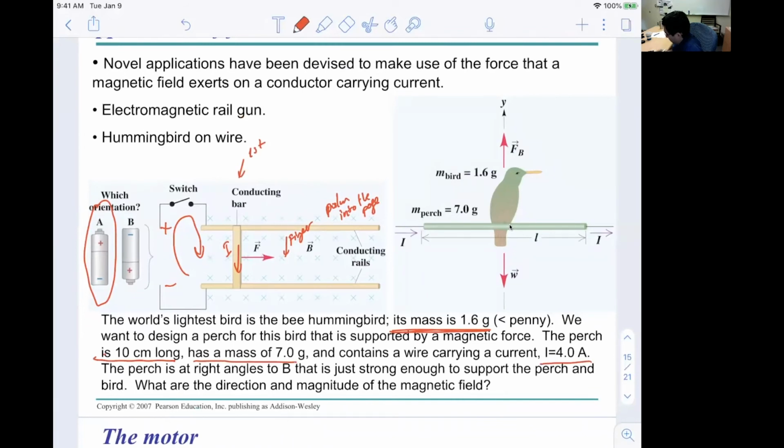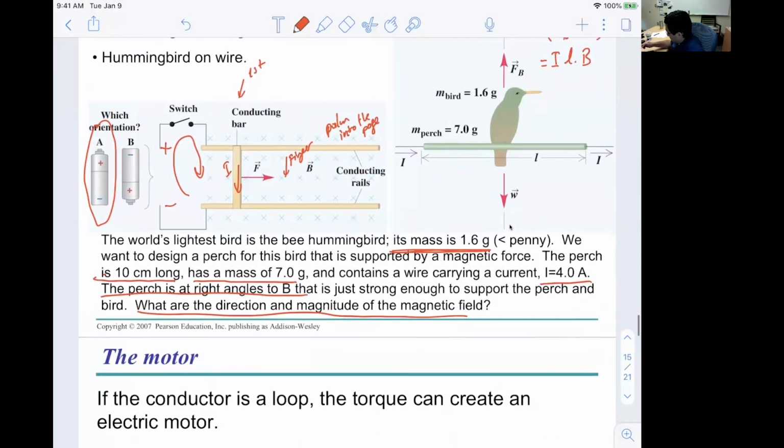Then you pass 4 amps. What's the direction and the magnitude of the magnetic field? The total force is going to be the mass of the bird and the mass of the wire, times g. That will be balanced by the magnetic force, I L B. So the bird mass, let me add a page here.